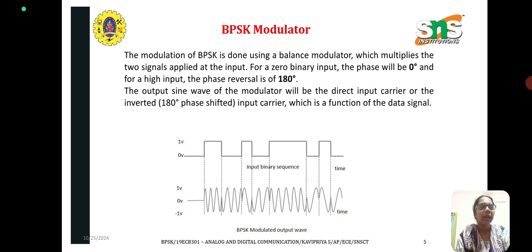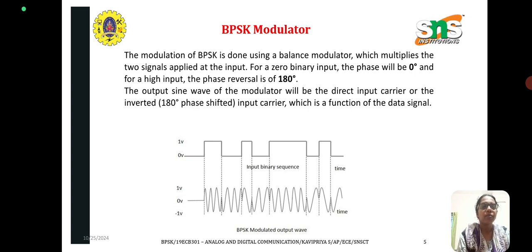In other words, the output of the balanced modulator will be the direct input carrier signal when the input signal being transmitted is a binary 0, and there will be a 180-degree phase shift in the carrier signal when the input signal being transmitted is a binary 1. So the output of the balanced modulator is a direct function of the carrier signal, based on the input signal.